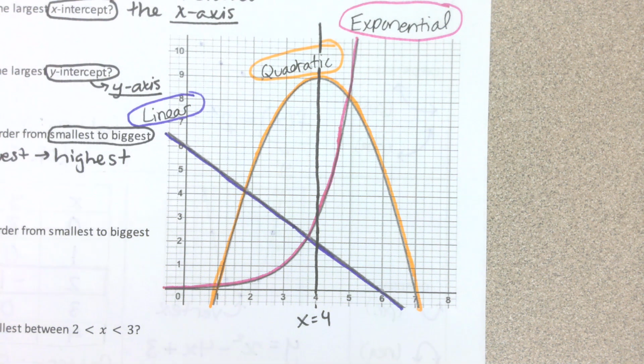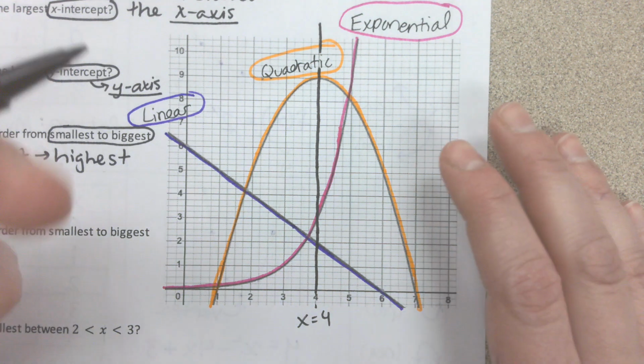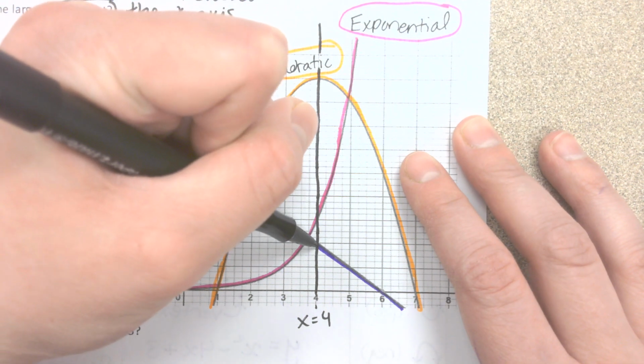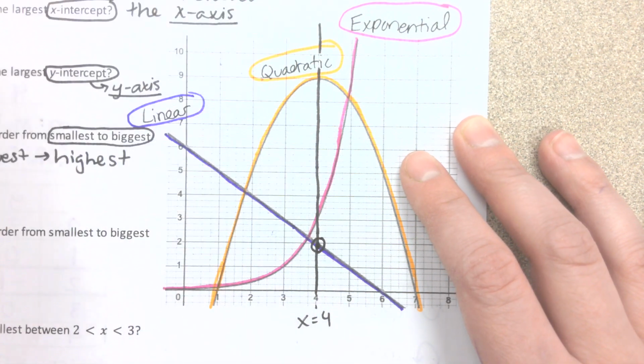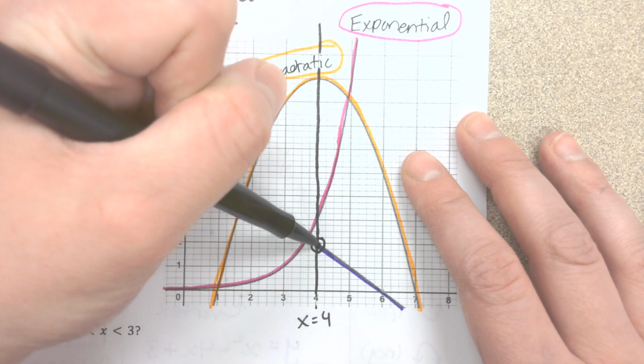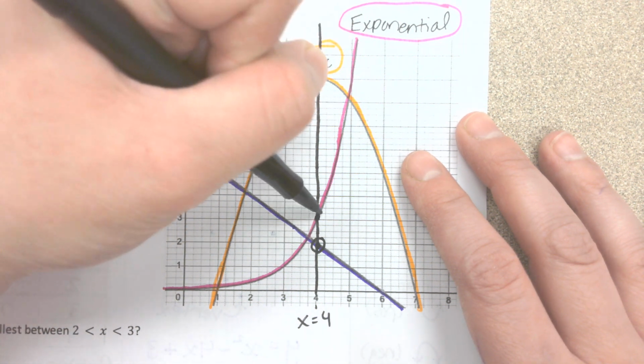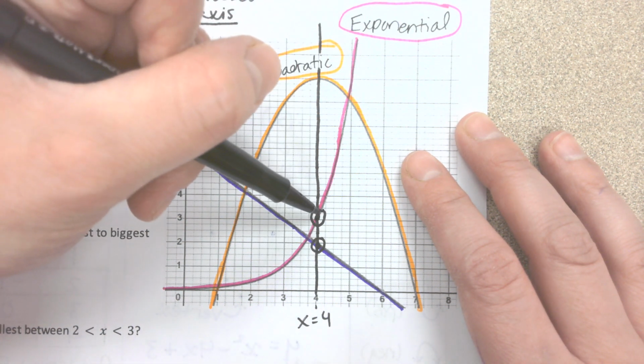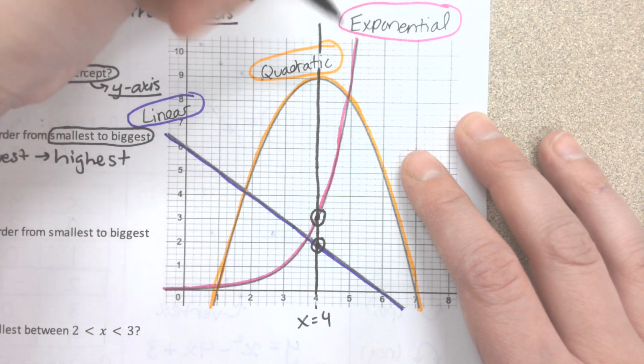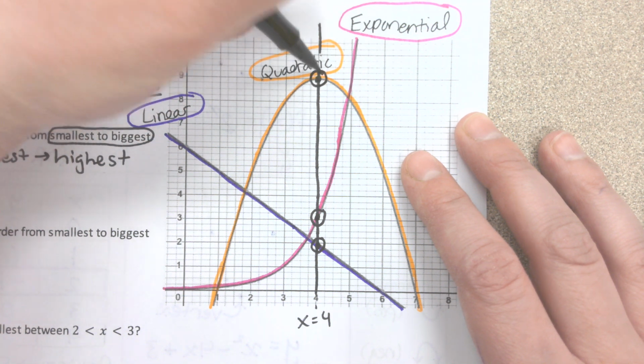What I'm going to do is take note of every time it hits another function along that line. So the first time we hit is here at the linear function. Traveling up, we very quickly run into the exponential function. And going all the way towards the top, we finally hit the quadratic function.